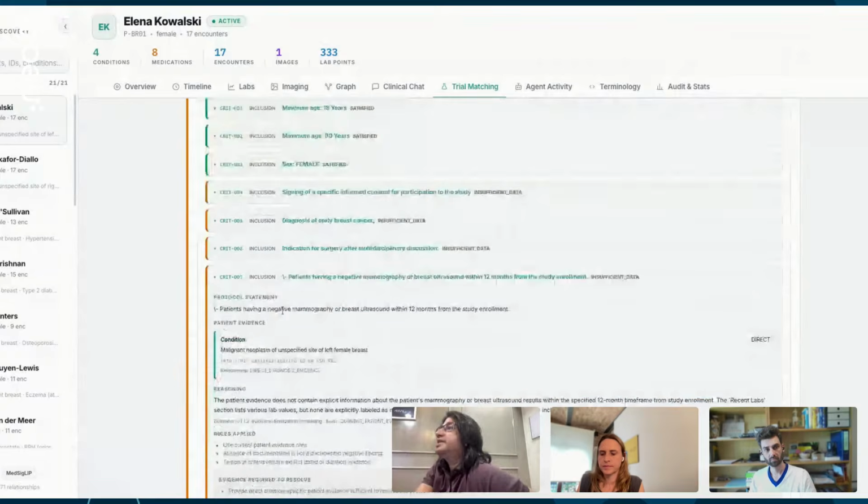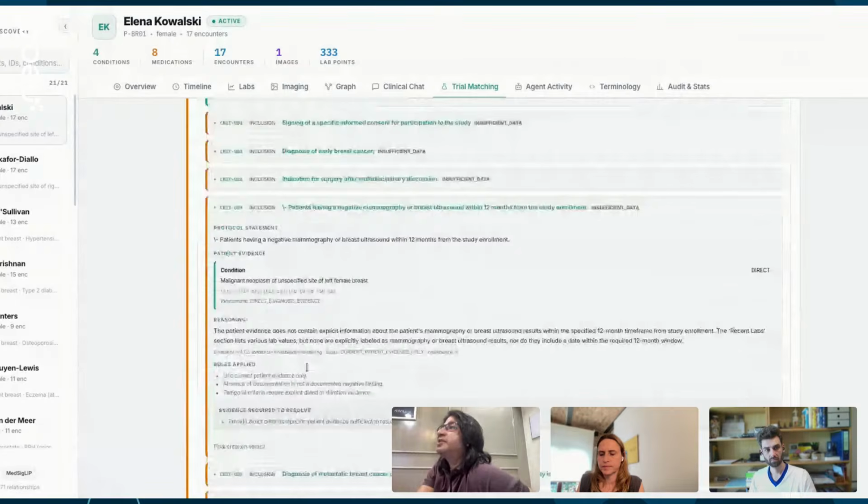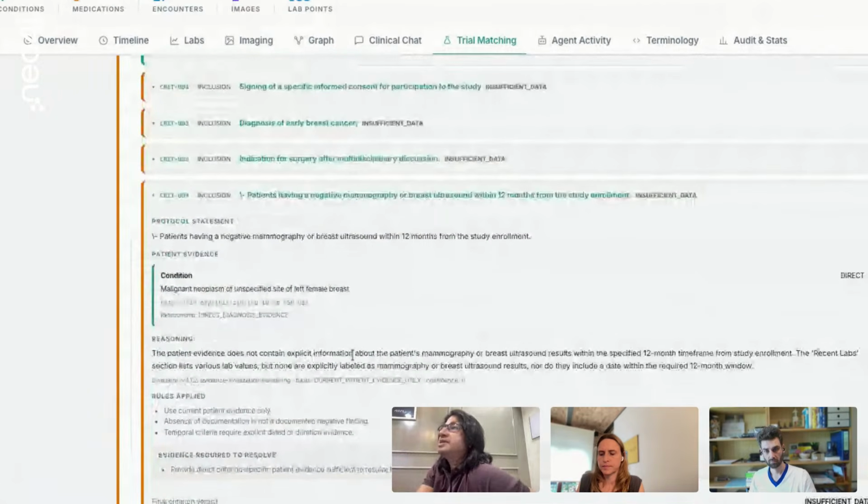Now the reasoning says it does not contain explicit information on a test within the specified 12 months time frame. The recent lab section has various labs, but not explicitly labeled a mammography or a breast ultrasound, nor do they include a date within the required 12 months window.